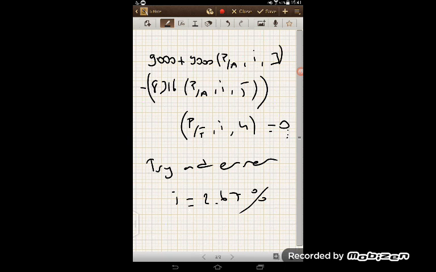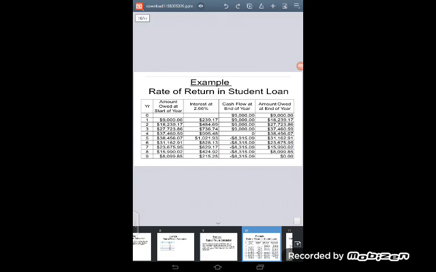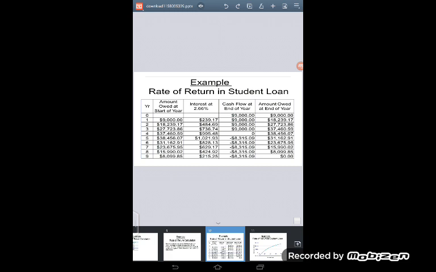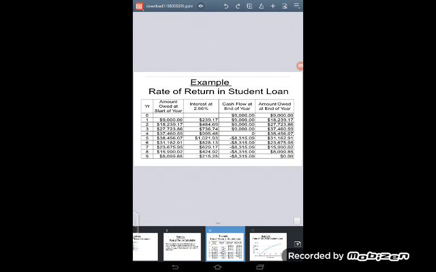In order to find this, our equation. Let's see. So the rest shows how Maria's balance increases with the 2.67%, how she's paying back, and how it ends up at 0.